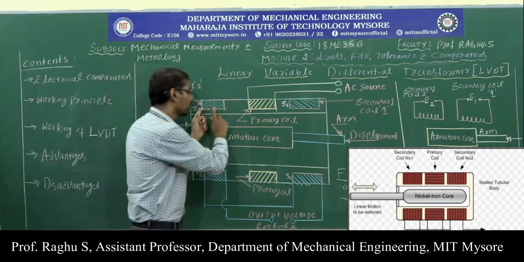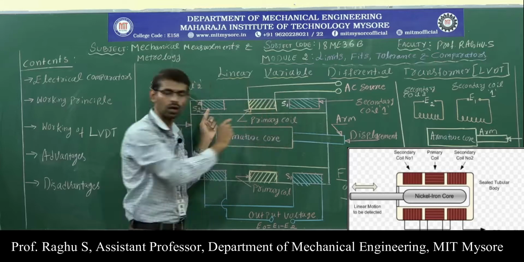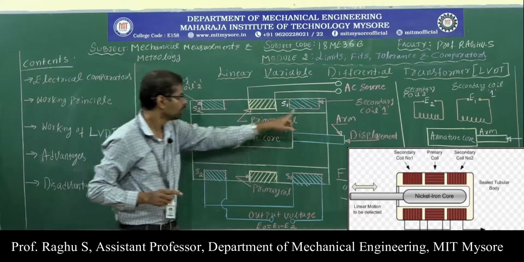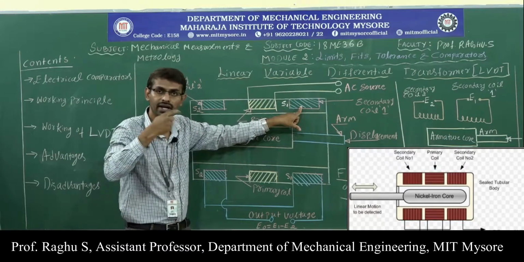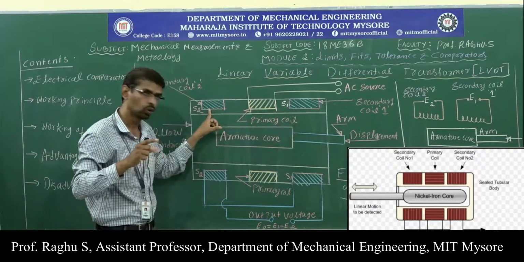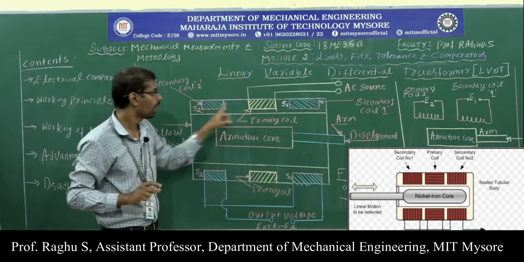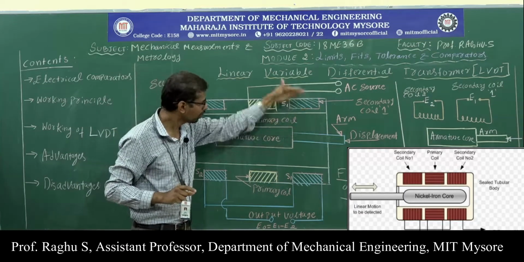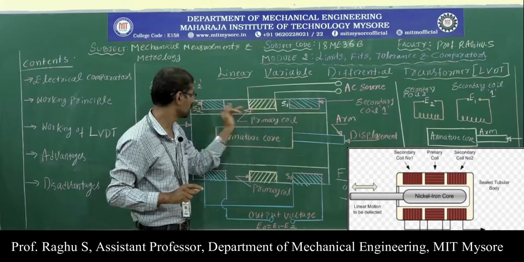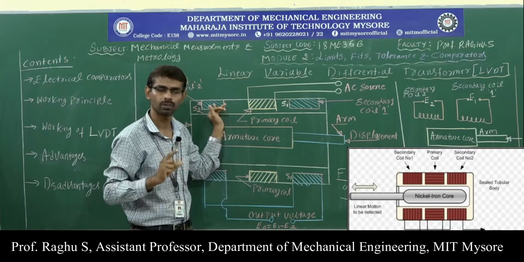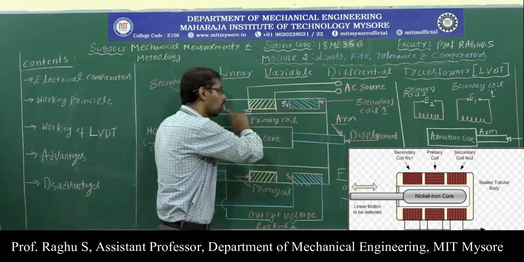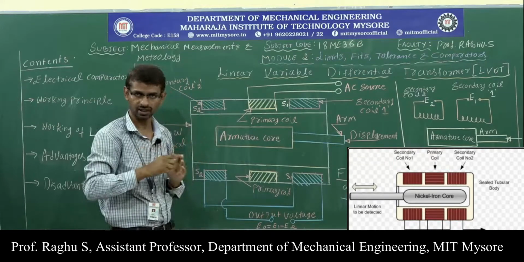Next, the number of turns in the secondary coils is equal. For example, if secondary coil 1 consists of 100 turns, then S2 should also consist of 100 turns. The number of turns in secondary coils S1 and S2 is the same. Next, the secondary coils are wound in opposite directions.